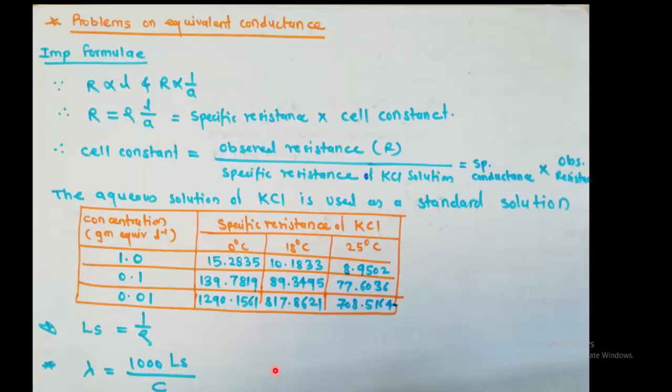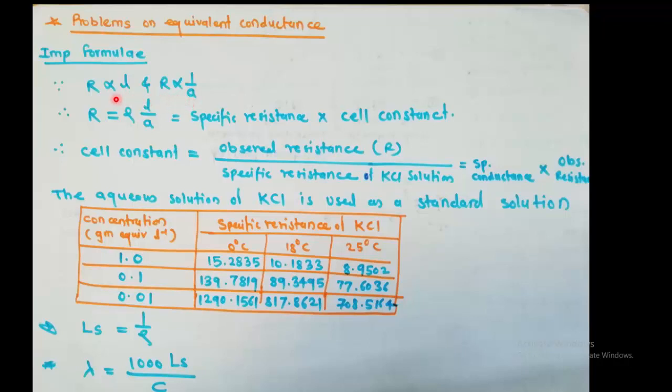Now, problems on equivalent conductance. How to solve the problems on equivalent conductance? Before that, some basic formulas. We have seen that the resistance of a wire is directly proportional to the length of the wire and inversely proportional to the area of cross section.